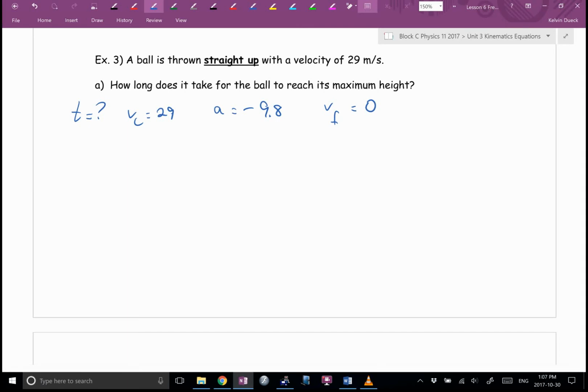Third row down, those 4. Which equation, folks, has a T? VF equals VI plus AT. That's correct. VF equals VI plus AT. Could you rewrite it for me? Get the T by itself?